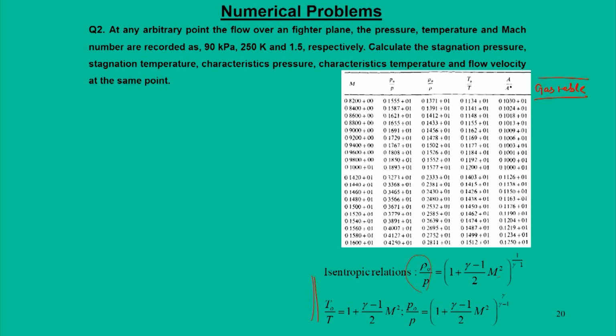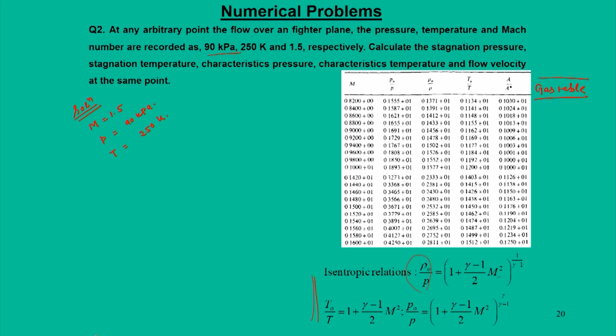So, what the problem defines is that at any arbitrary point in a flow field the data is given. So, given data is that at Mach 1.5 pressure value is given as 90 kPa, temperature value is given as 250 Kelvin.